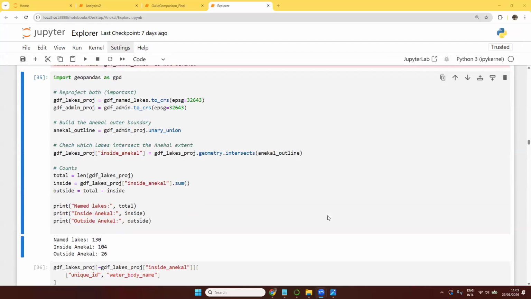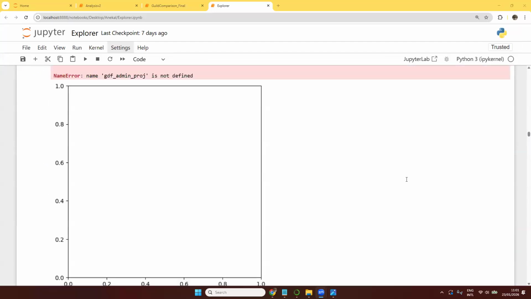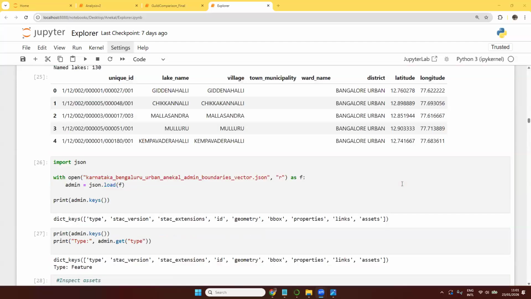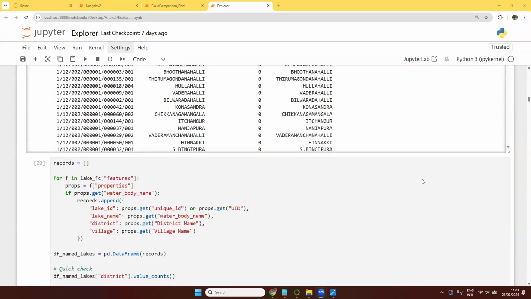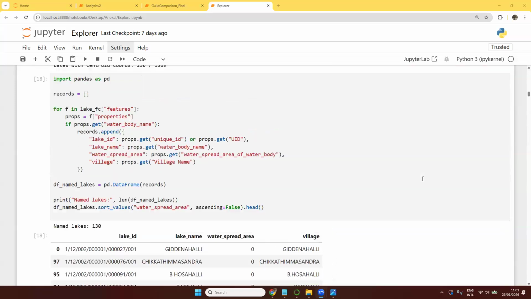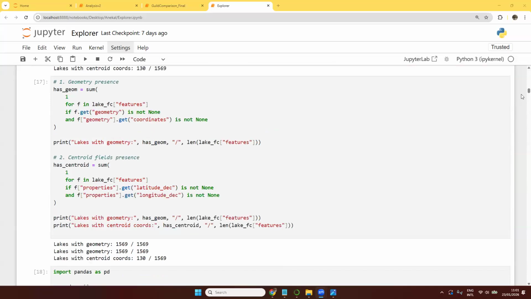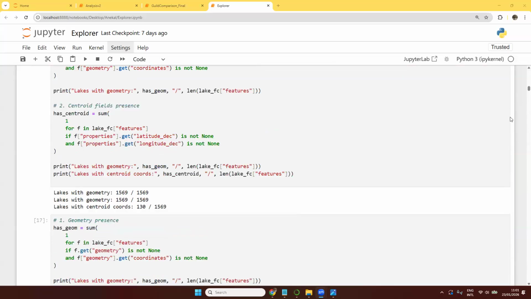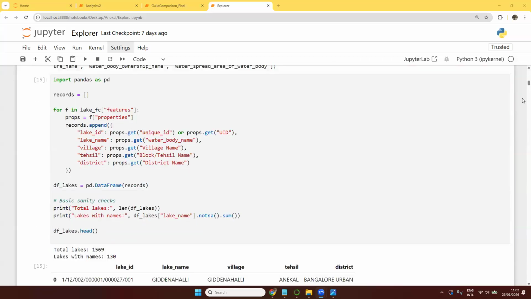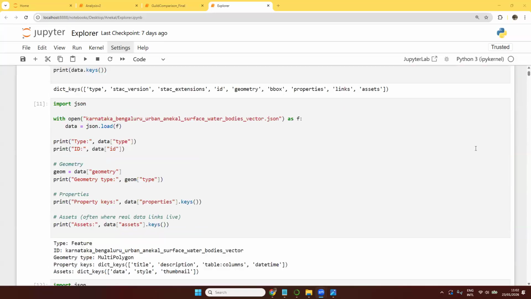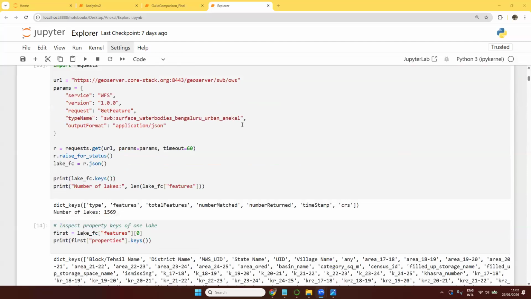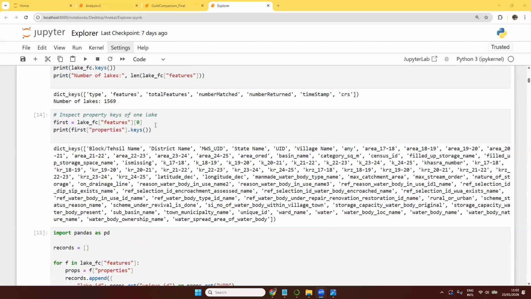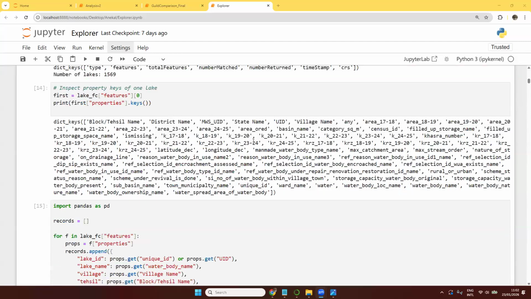I will basically use the data set of the water bodies in Anekal and the boundaries from the core stack website. I found the GeoJSON files there. I've been trying to understand what's in the data set and the layers that are there.